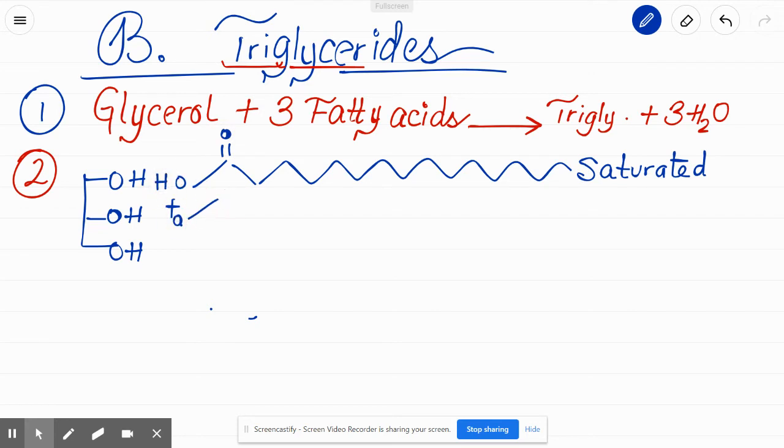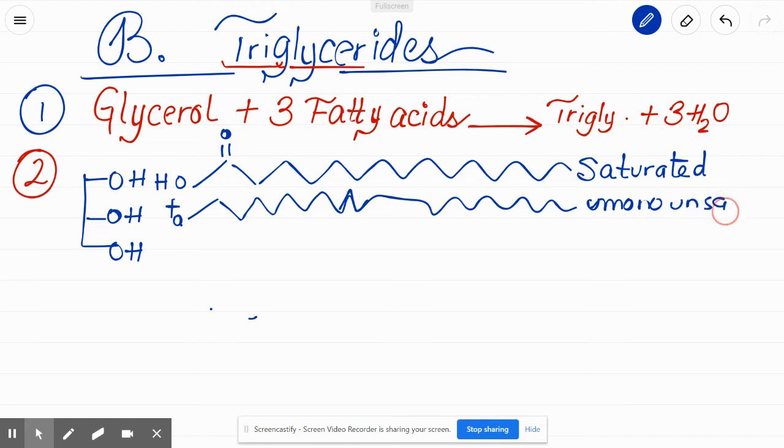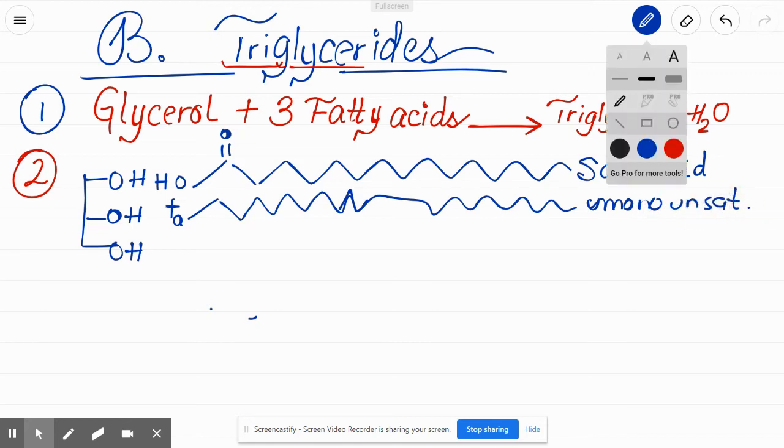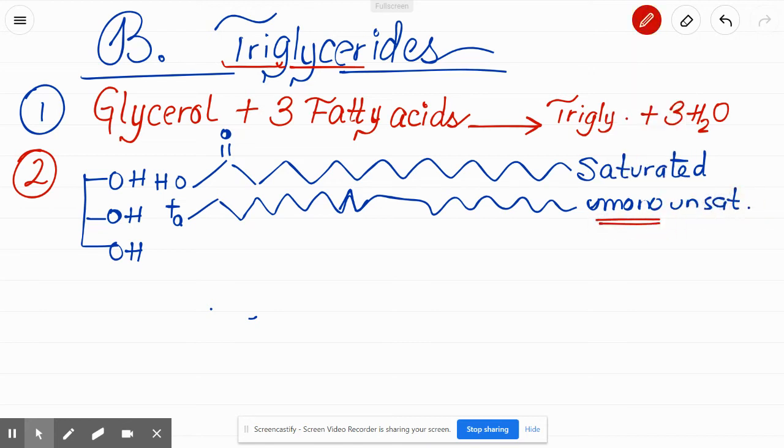Next up, same thing. Monounsaturated. Single double bond. One double bond, I mean.